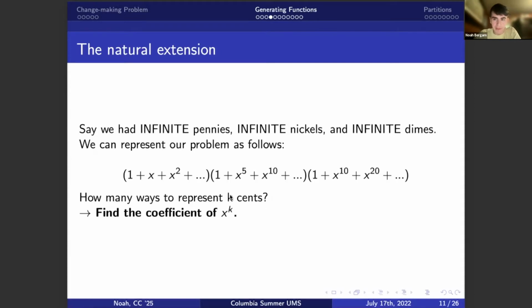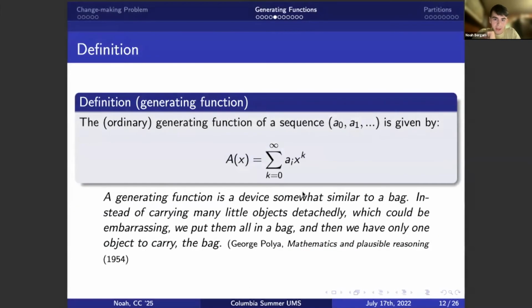But first, I just want to step back and say this is generating functions at its intuitive level. If we zoom out and go to a textbook and look at what a generating function is at its pure definition, the idea is that you take an infinite sequence and smack it onto the coefficients of an infinite polynomial, right?